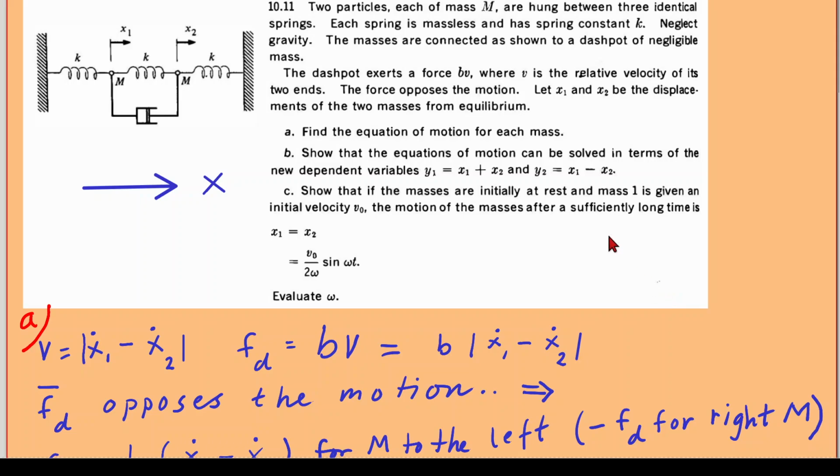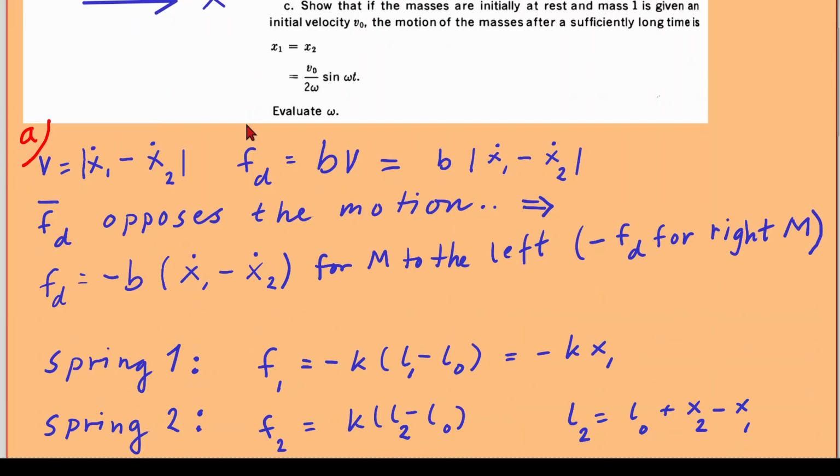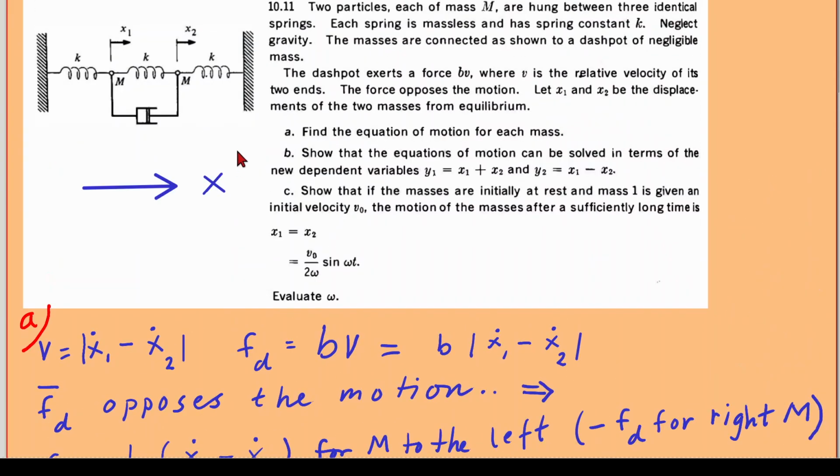And then the second spring. The natural length is L0, but if we extend the spring, let's call that L2, right? It depends on what we're doing with x1 and x2. But one can realize that if x1 is 0, then the new length L2 will be L0 plus x2.